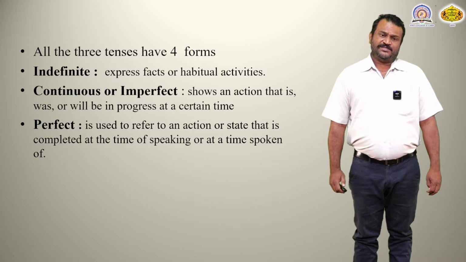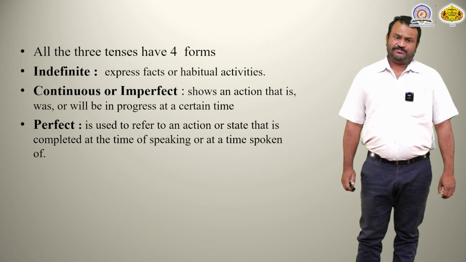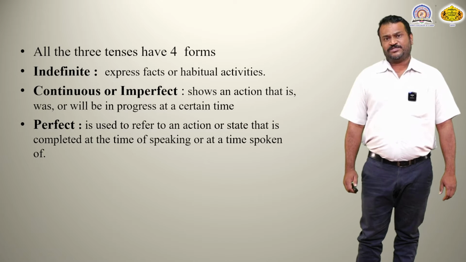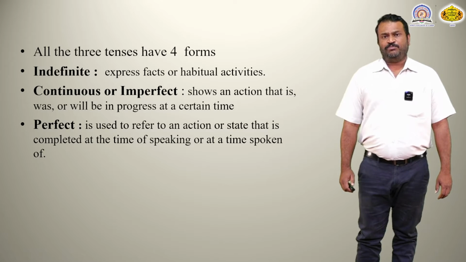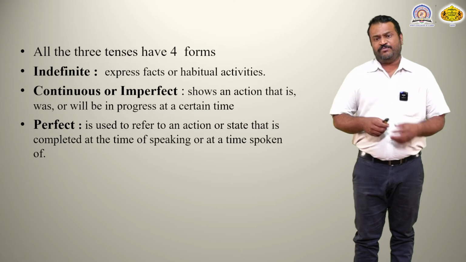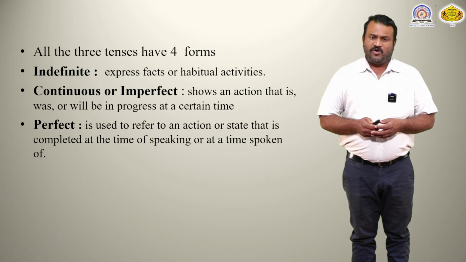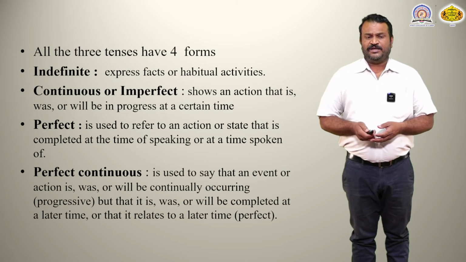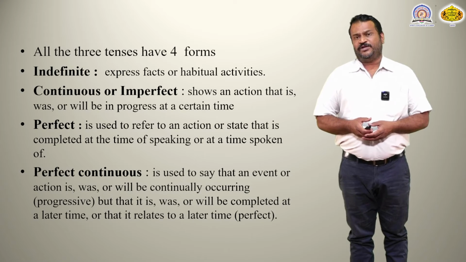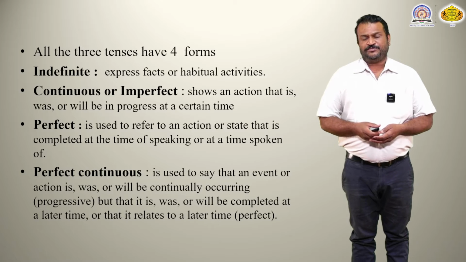Next is the perfect tense. It is used to refer to an action or state that is completed at the time of speaking or at a time spoken of. And the last is perfect continuous tense.